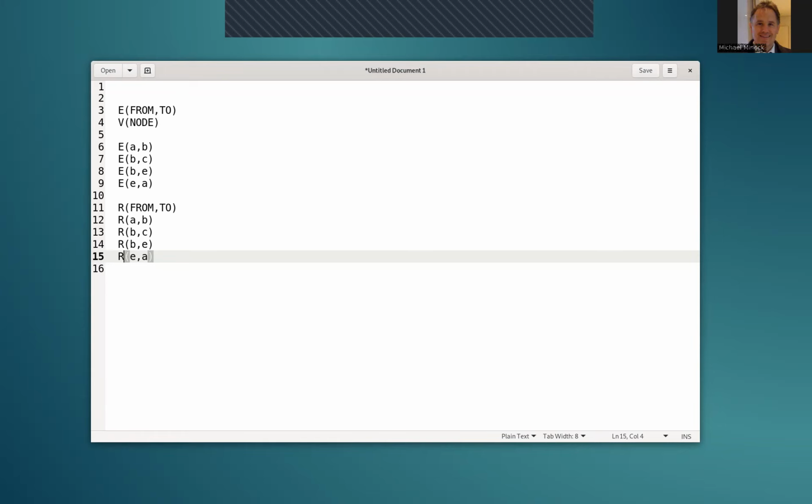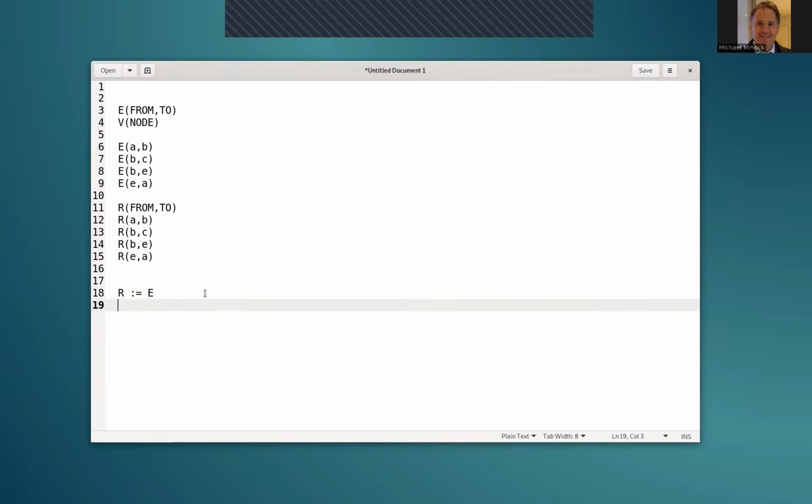And the answer is yes, of course. So as we define, if we're going to use relational algebra, let's just say R equals E. What this is saying is copy everything from E into R. So this is one part of the definition.